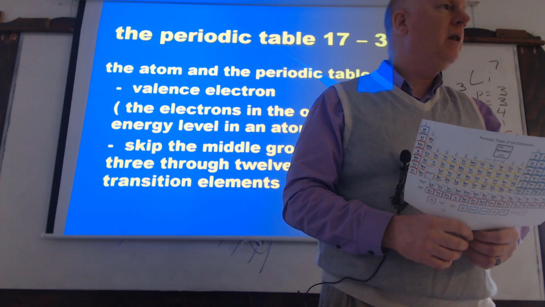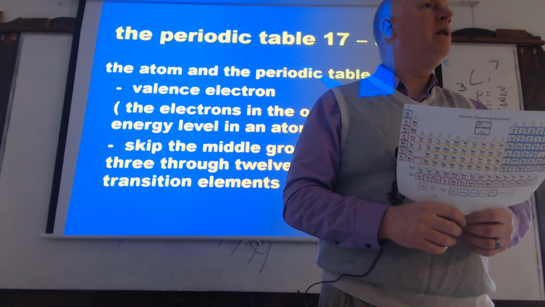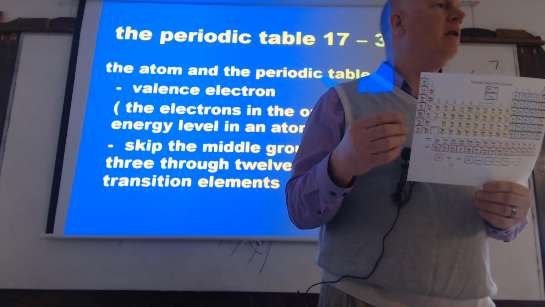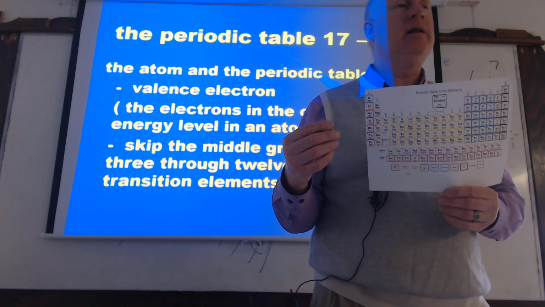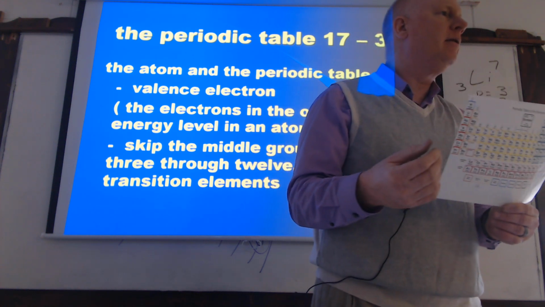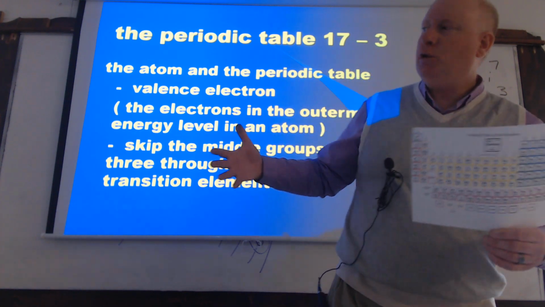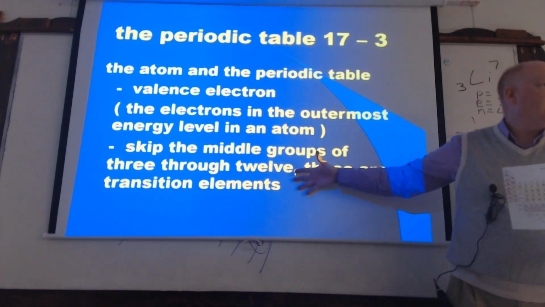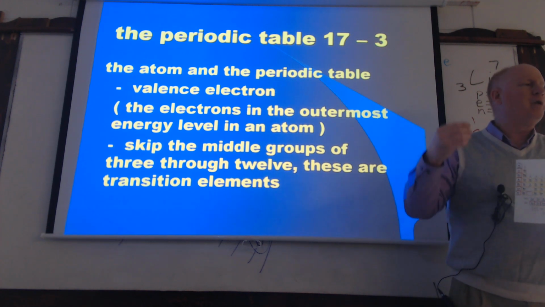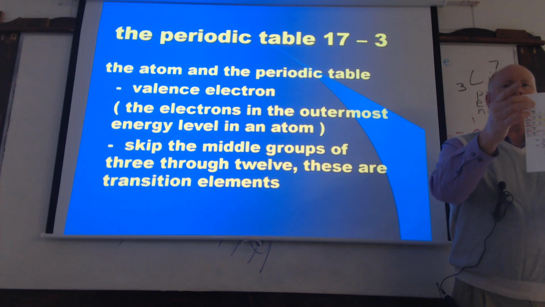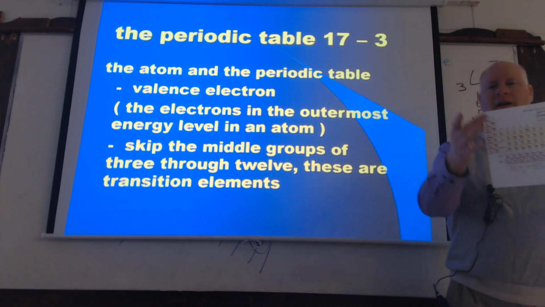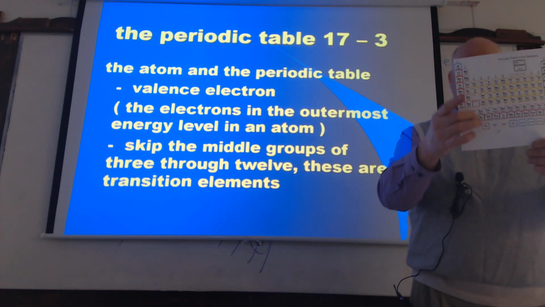Chromium, right? So does chromium have only one type of charge, a positive or a negative, or does it have 2 different charges? That's why you skip these transition elements, because they've got more than one charge. These only have one type of charge. These only have one type of charge.